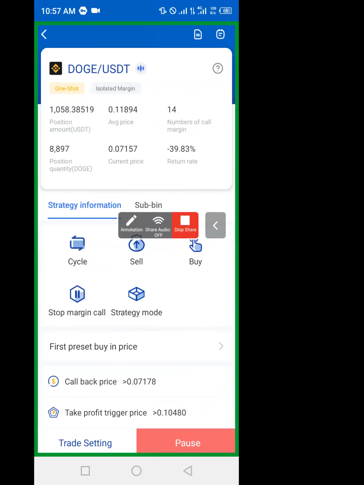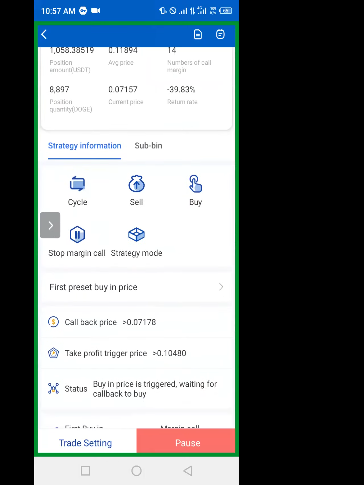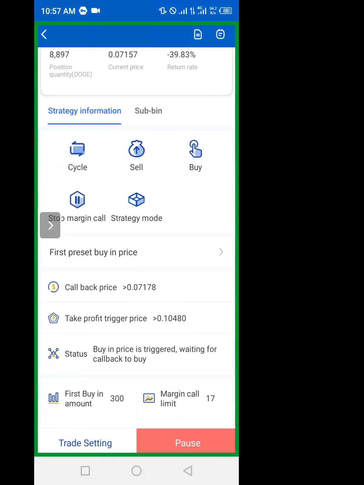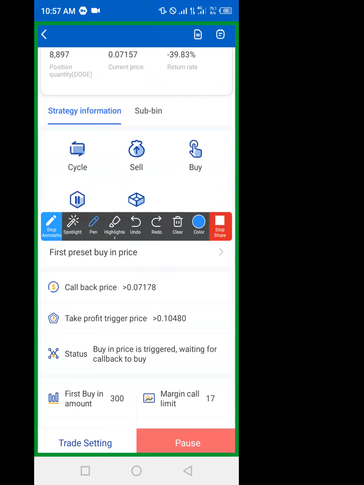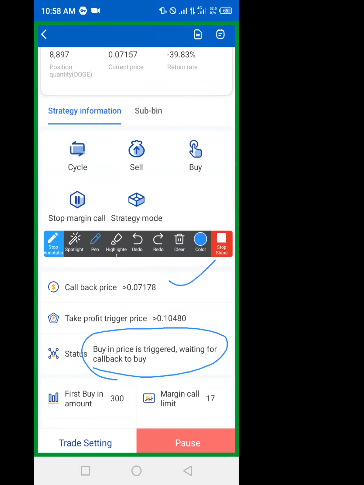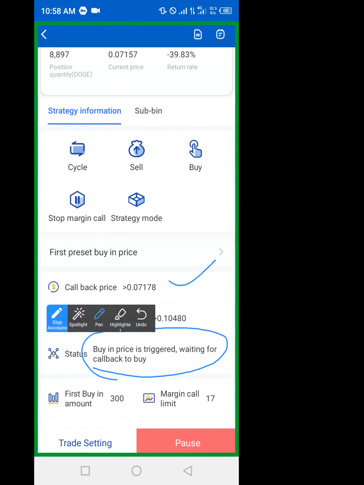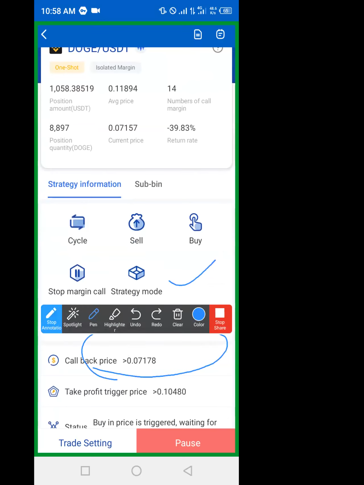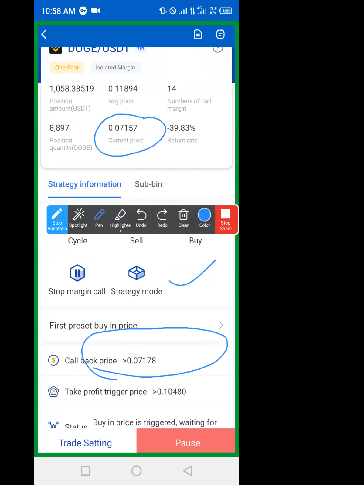So here, it is waiting for the callback. You remember the status at first was saying waiting for trigger price. Now it is saying buy-in price is triggered, waiting for callback to buy. The callback price is going to be this one, so it is waiting for the current price to beat this so that it buys.